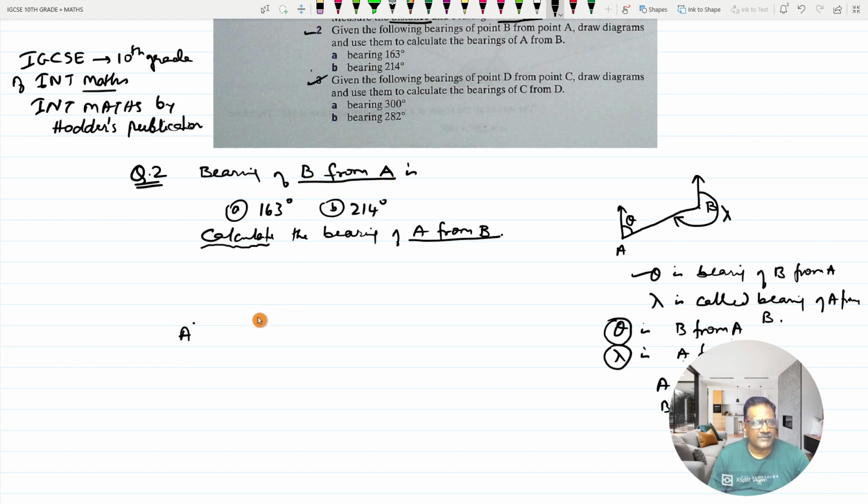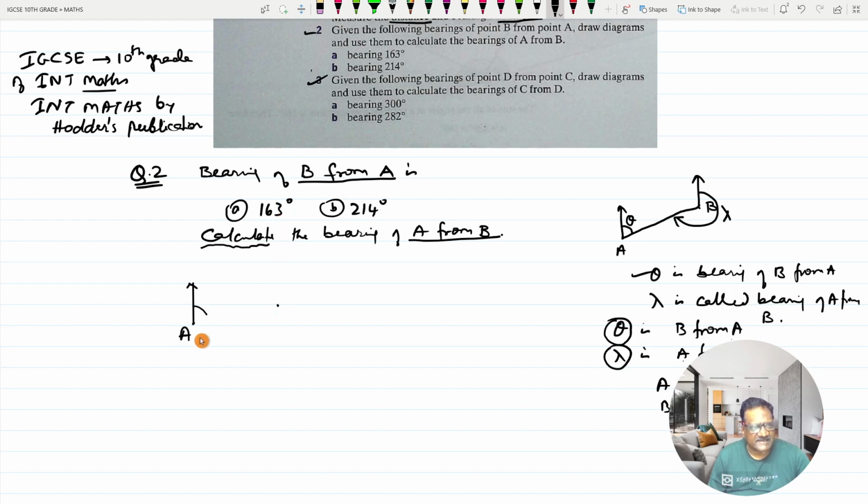So whenever B from A is given, at A you will have to draw a north direction. So this is that north direction at A, right? Then from this A, you will have to go in the clockwise direction and cover 163 degree. That is the bearing value.